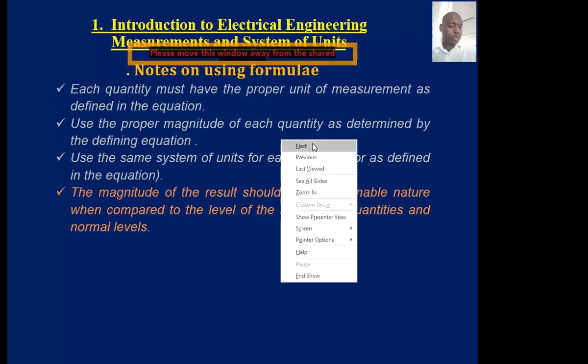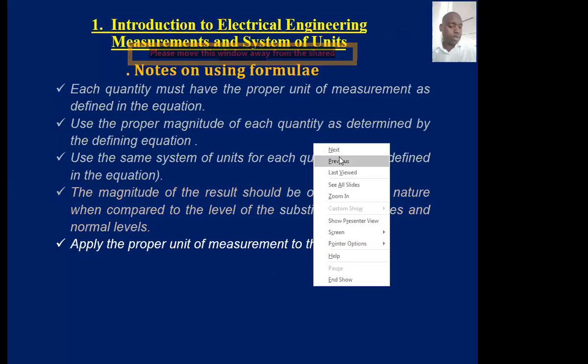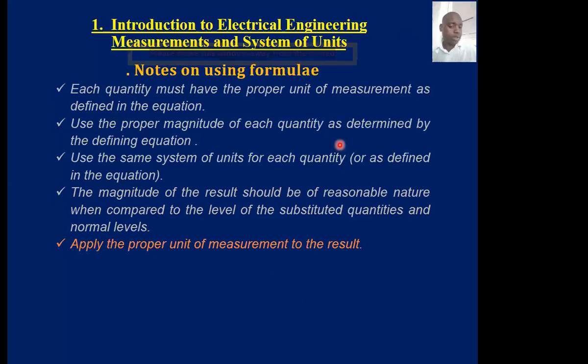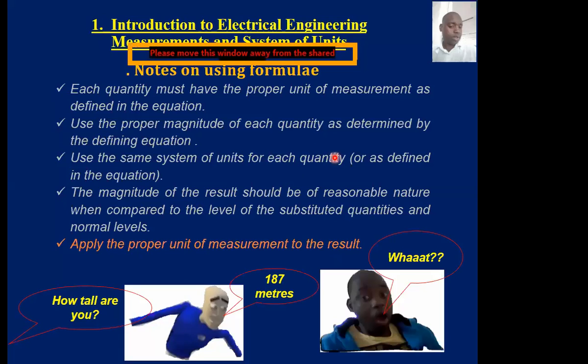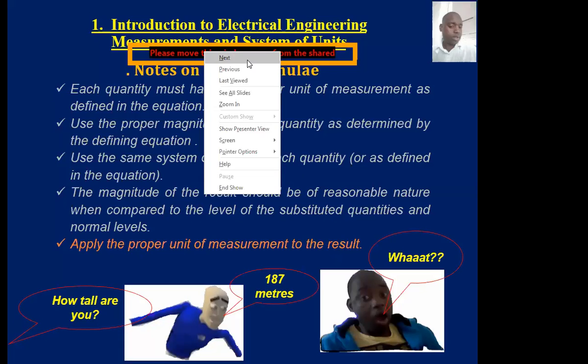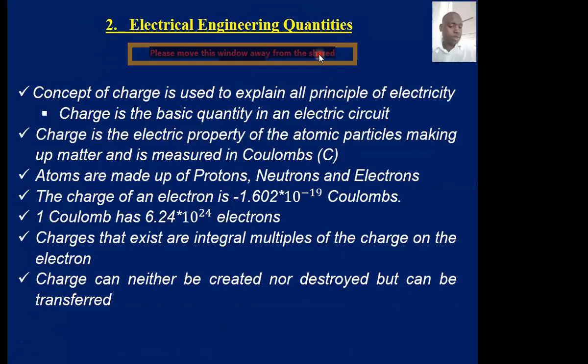And in that case, when you use the correct unit, then your result will become correct. So let's say, for example, someone asks you, how tall are you? Then you say 187 meters. It is correct when it's in terms of centimeters, that is 187 centimeters, 1.87 meters. But then when you use the wrong quantities, it becomes meaningless or unreasonable.